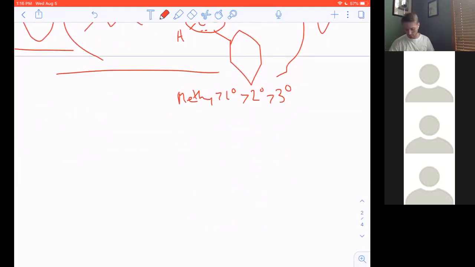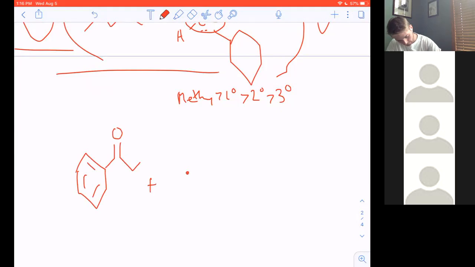So then I'll give you one more practice problem of these. If you had these two compounds reacting, already going to make it in the Wittig reagent form.